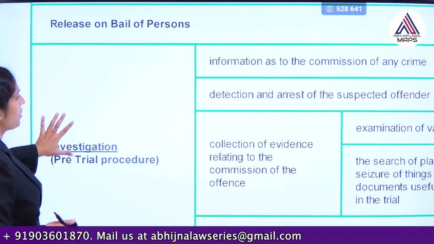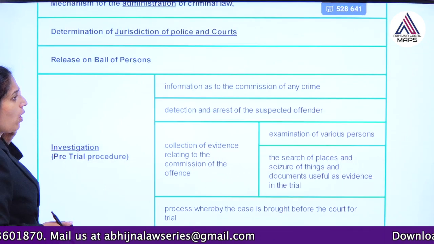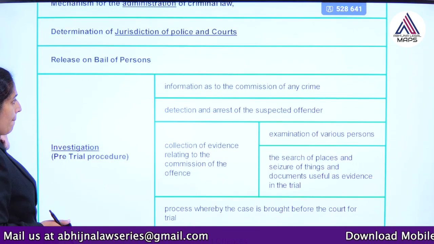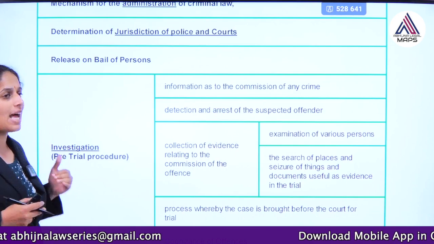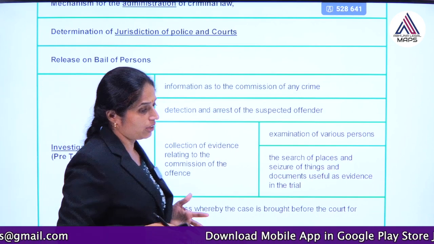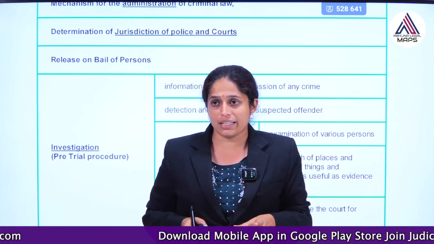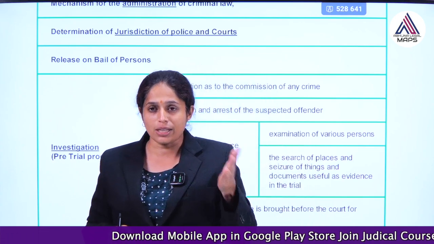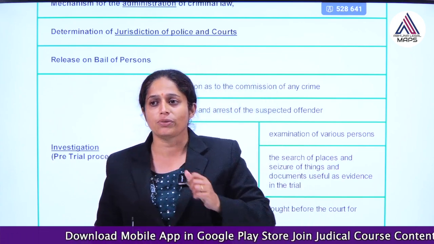Then comes the investigation. The investigation can also be called a pre-trial procedure. Investigation has various aspects. First, the police get the information. Depending upon the information they get, it can be classified as a cognizable offence or a non-cognizable offence.